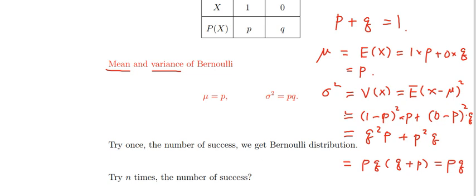Happening is 1, not happening is 0. We have many problems like this. For example, from 52 cards, pick one card. If we get an ace, we can regard x equals 1 as getting an ace, meaning this thing happens. So x equals 0 means this is not happening, right?